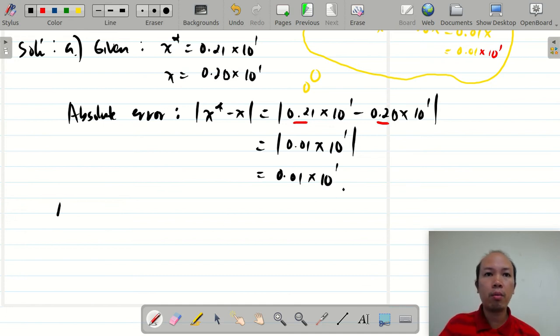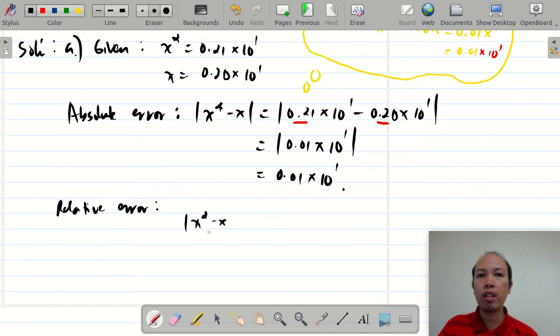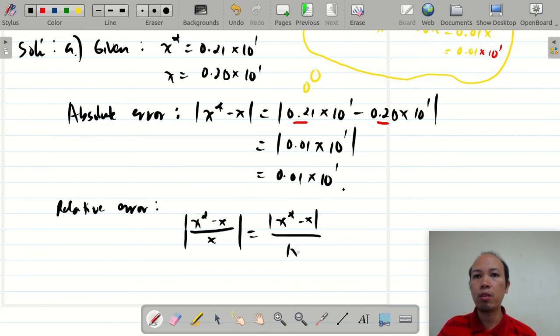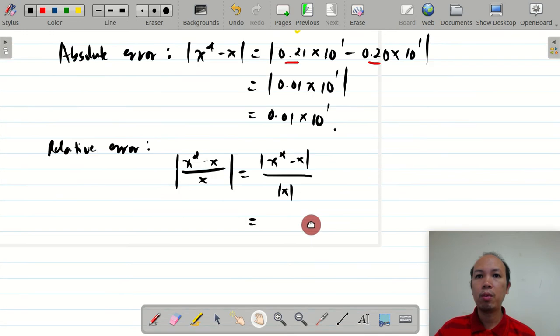For the relative error, we have the absolute value of x asterisk minus x over x. This is just the same as a property of the absolute value. We know that our x is not equal to 0. Why did I do this?